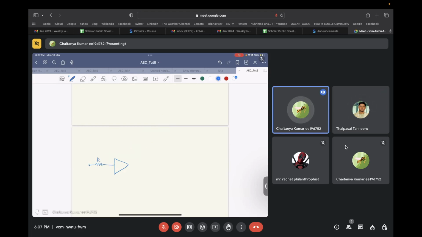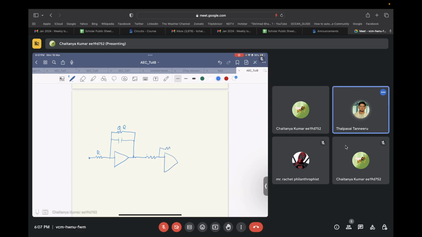Okay, so an active RC filter basically looks something like this. You have an input resistance, you have a capacitance like this, you have a resistance with value QR that basically sets its quality factor, and then you have an inverting amplifier.